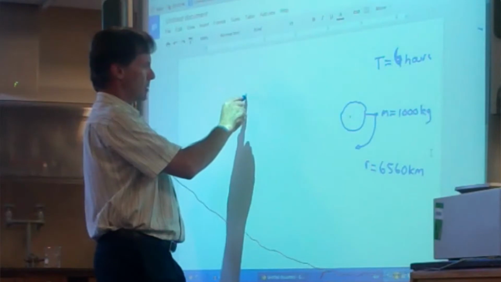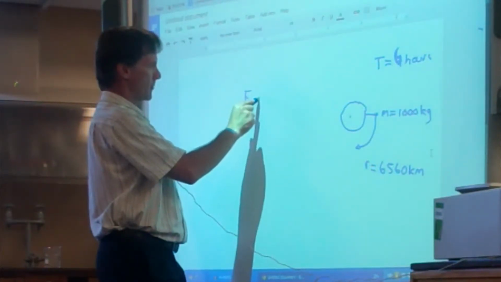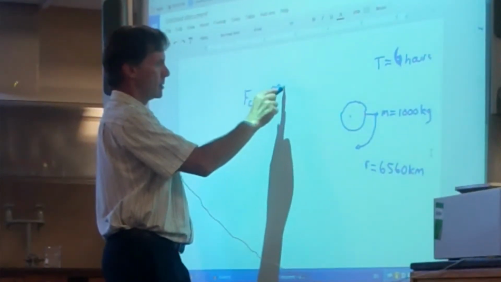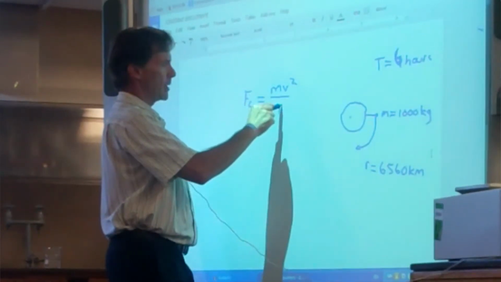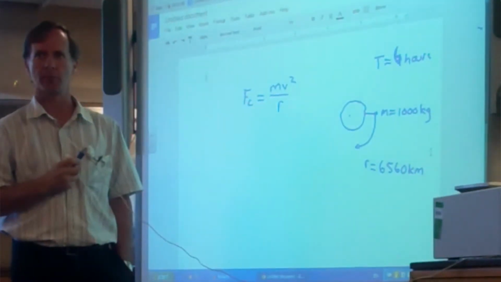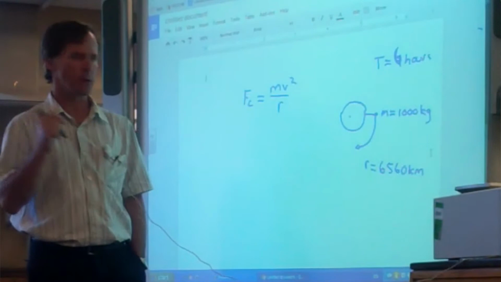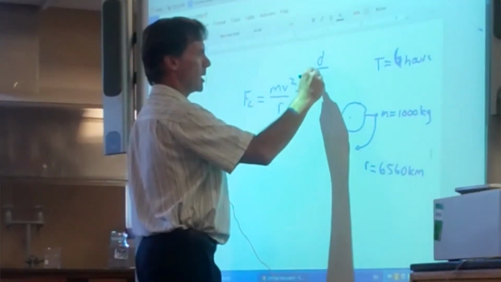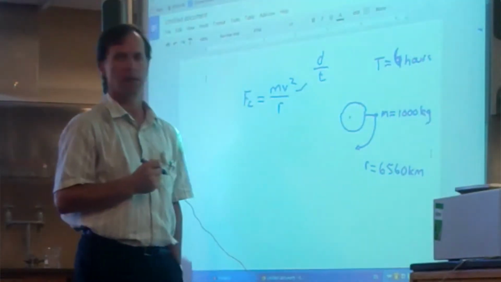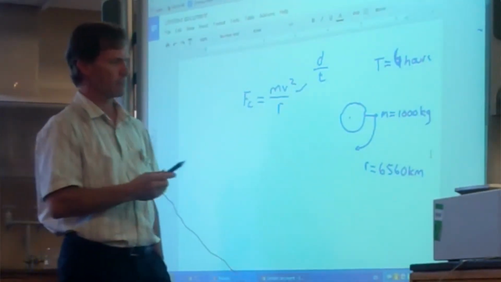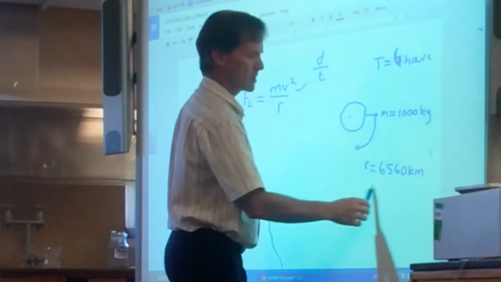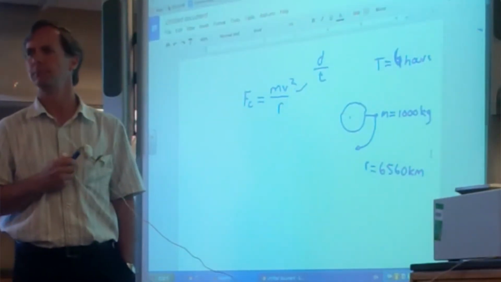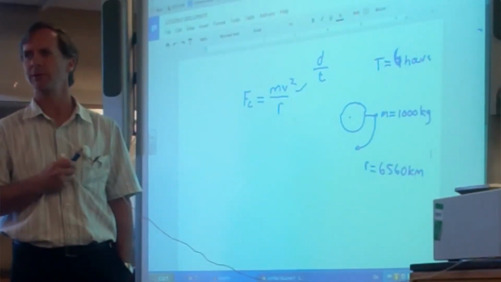Now, for the centripetal force on the satellite, it's going to be mv squared on r. What's the hard part in this formula to work out? The velocity. But the velocity is going to be the distance travelled over time. Now, the distance travelled is going to be pi r. Is it pi r squared or 2 pi r? 2 pi r, isn't it?